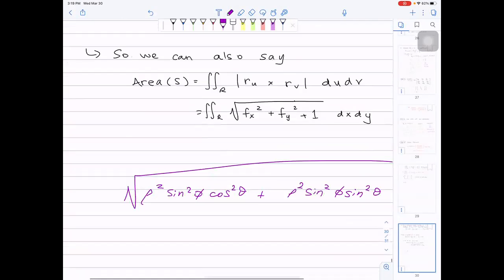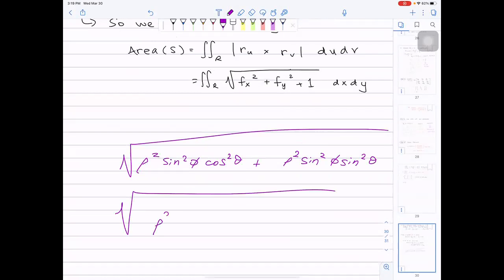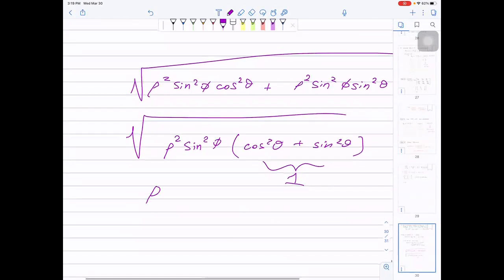Then if I factor out rho squared sine squared phi, I have cosine squared theta plus sine squared theta, and that's one. So you have the square root of that, which gives you rho sine phi. Okay, perfect. Thank you so much. You're welcome.